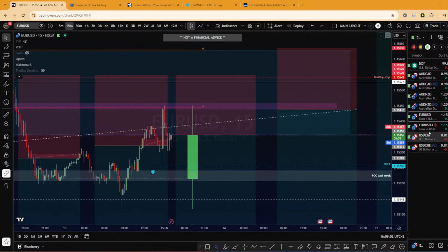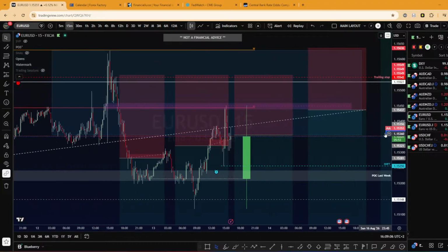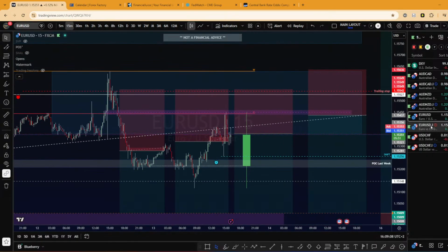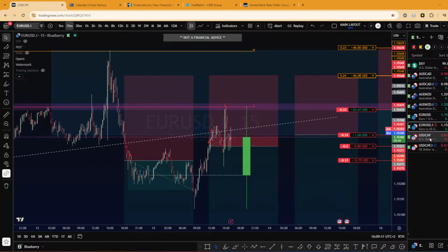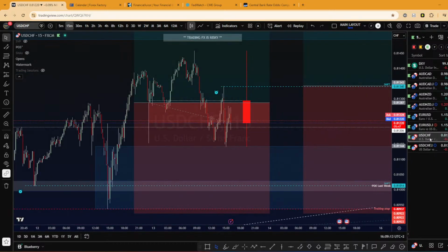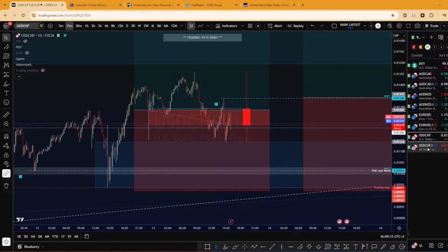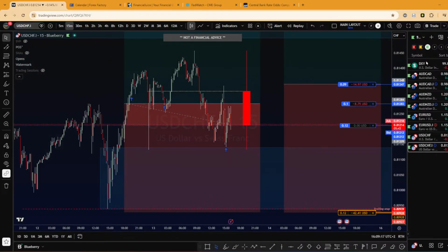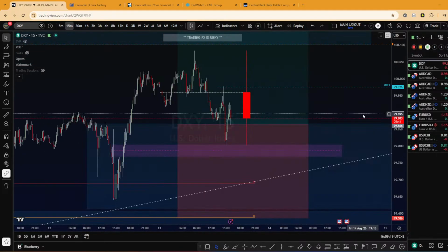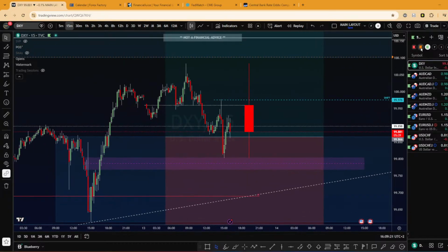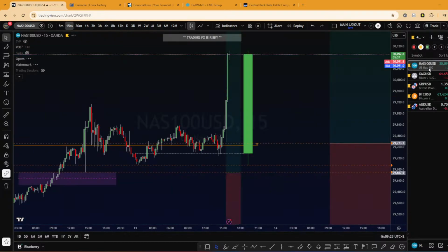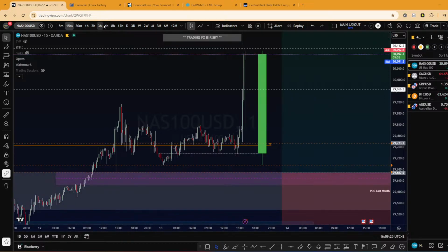So Euro USD is struggling to drop down. So yeah, crazy. USDCHF is the same. Yeah. So Nasdaq is pushing.